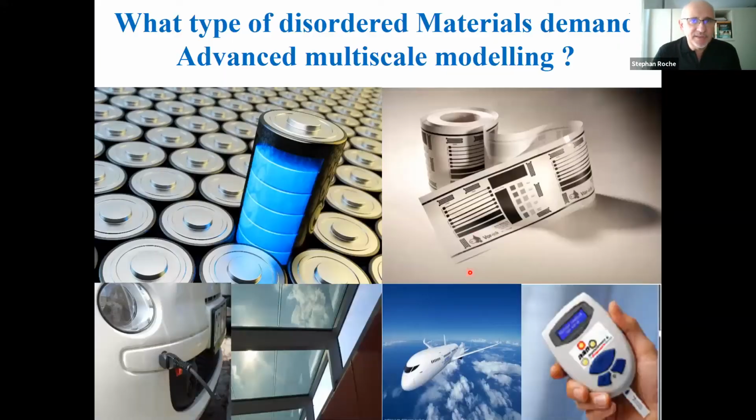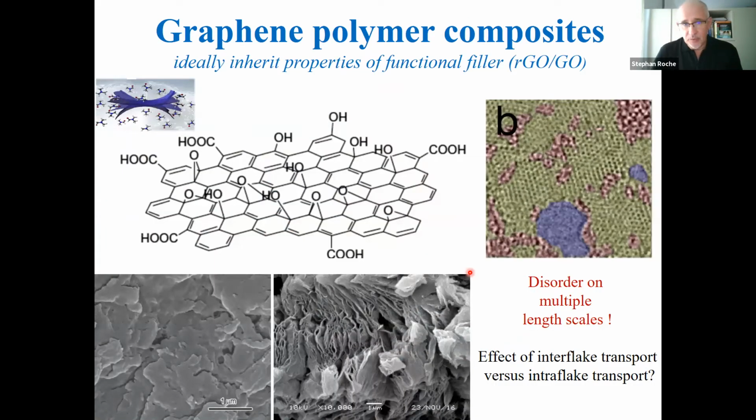We are interested in properties of very complex materials that are of interest for a wealth of applications in energy, composites, biosensors, solar cells, and so on. In particular, we are interested in understanding the properties of graphene polymer composites. That represents a great challenge because of the multiple types of disorder occurring at different scales.